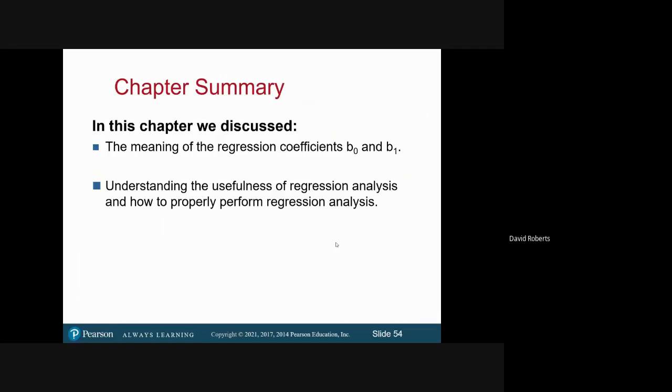If you were to try to do 300 by hand, the chances of you actually getting the right answer are incredibly small because of all the complex math. But we just put the 300 or the 3,000 or the 300,000 into a spreadsheet and get the results. Let alone we do multiple regression, which we're going to do in the next chapter. So the tedium of the calculations has been taken away.